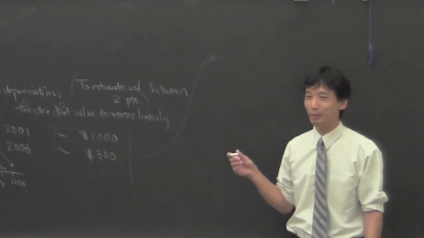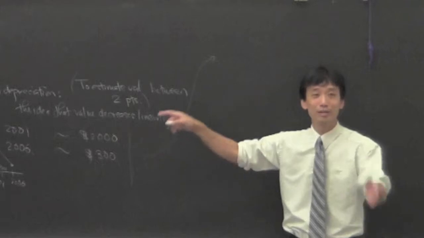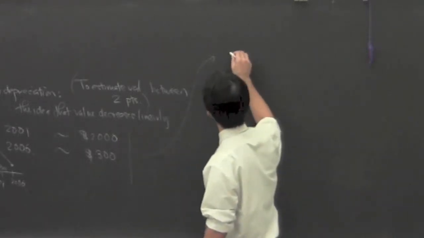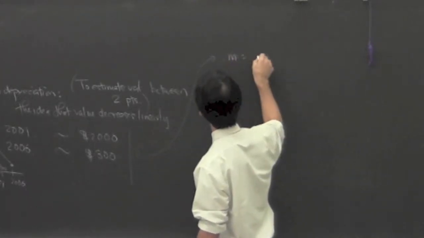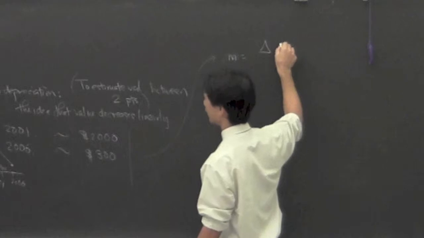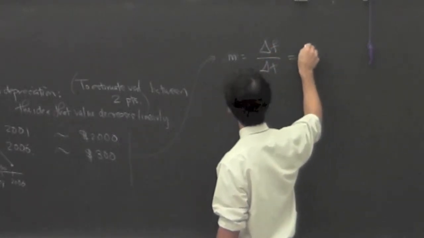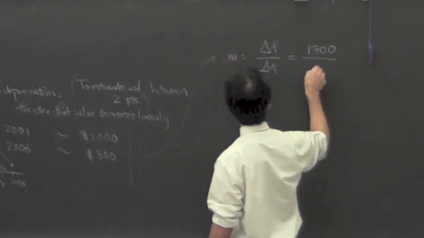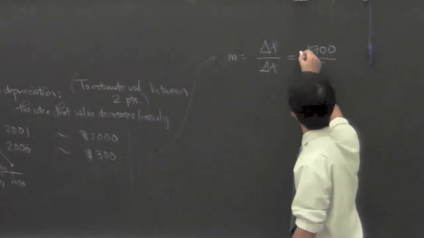Okay, somebody tell me how to figure out this line. 1,700 over 5. So the slope, of course, is the change in the function over the change in time. So it's 2,000 minus 300 over 5, negative.